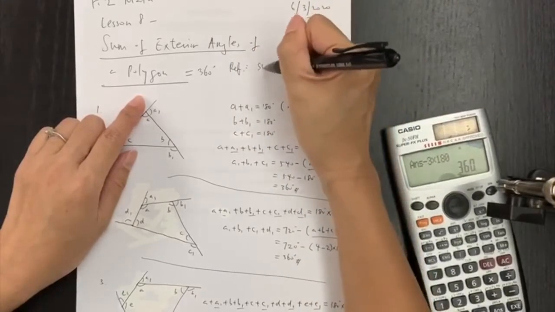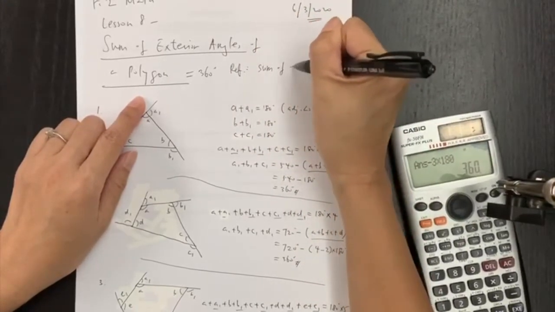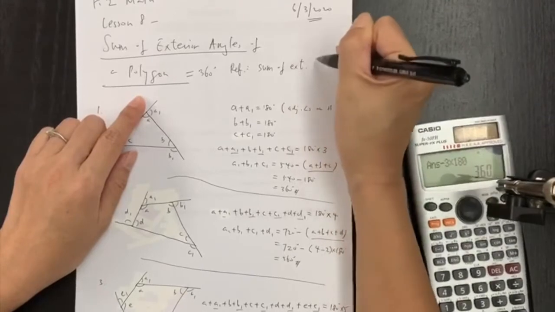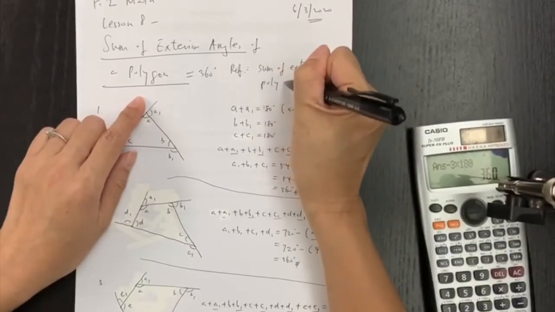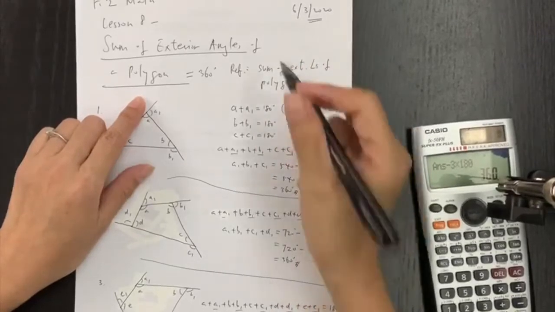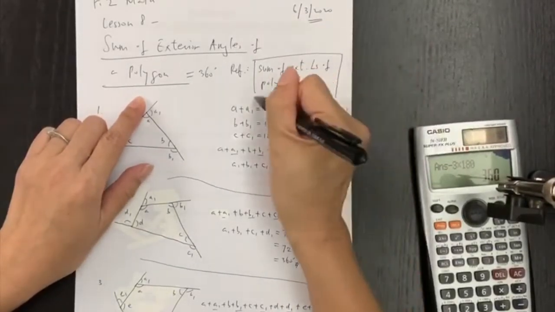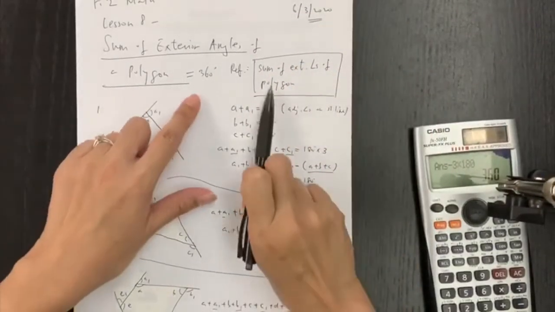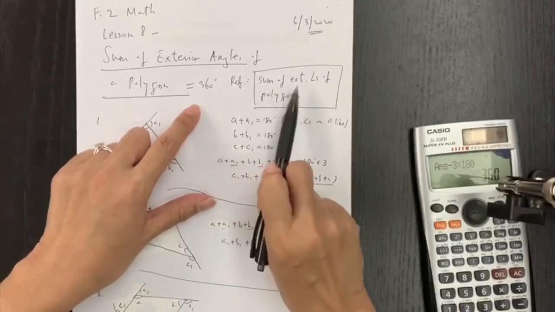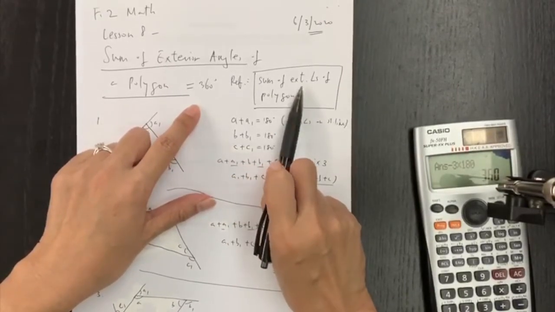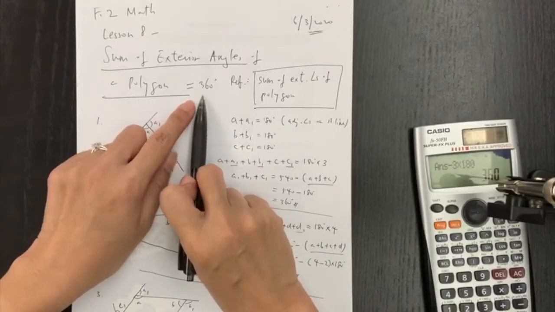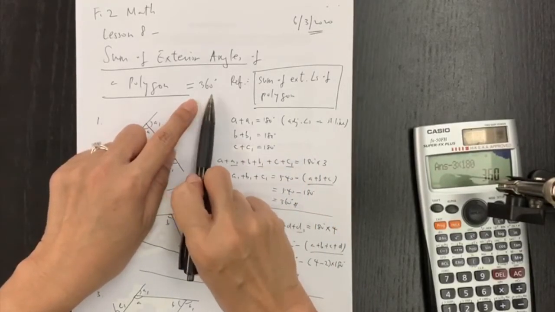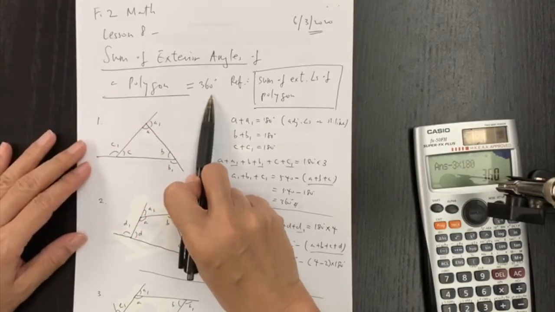Sum of ext. angles of polygon. This is the main thing in this chapter. The reference is sum of ext., meaning exterior angles of a polygon, which is always equal to 360. It doesn't matter how many sides there are.